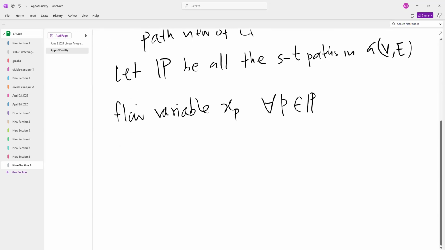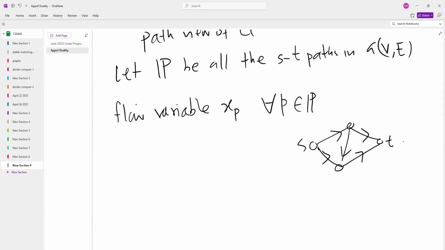Okay, what does this look like? Just to give an example, I'm not going to draw the capacity, but there is going to be one path here, right? And then I can say that path is 1. That means I get flow 1 across this edge and this edge.